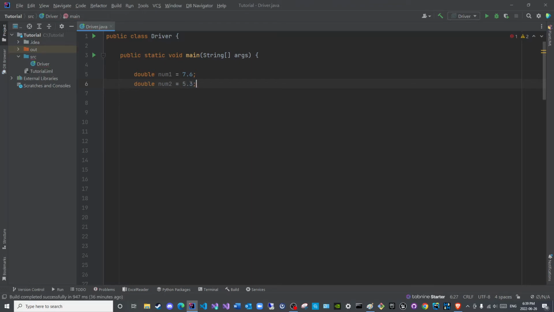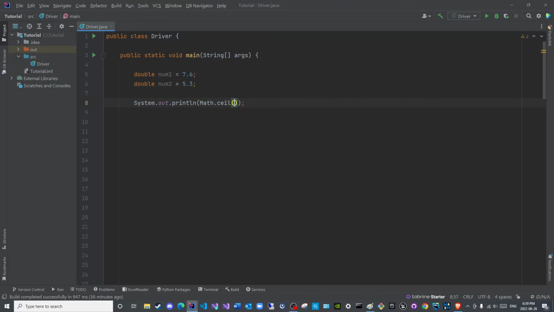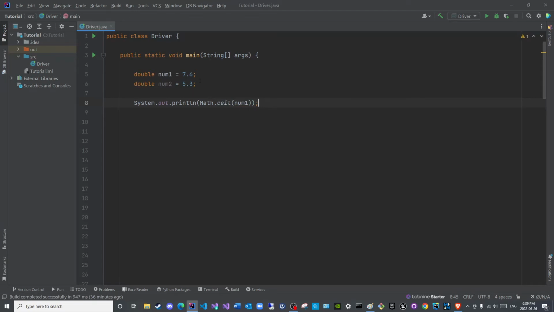5.3. So let us print Math.ceil num1. So this should yield 8. Well, actually, I want num2. This should yield 6. Even though it is 5.3, it has not reached the threshold of 5.5. So this should yield 6.